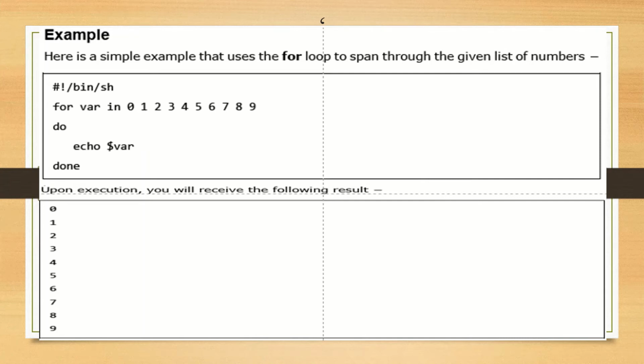First it takes the value 0, then prints 0, then completes the statement. Then it takes the second value, 1 is printed, next value 2 is printed, next 3, like that it takes and prints all the 10 values. Finally it takes 9 and prints 9.